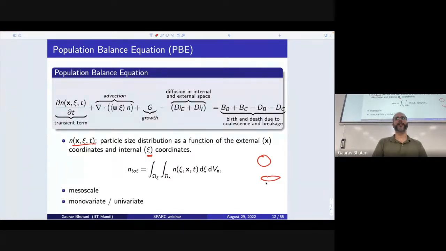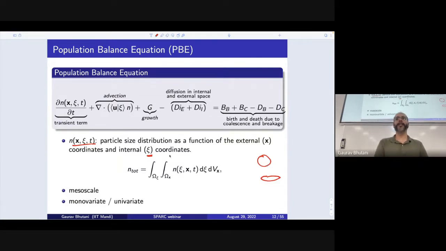Then in that case, xi can be shape. So xi does not need to be only particle size. It could be particle area. When we have particles of different shapes, we tend to take xi as the particle area because quantifying shape is much more difficult than quantifying area. So we tend to take area in that case.